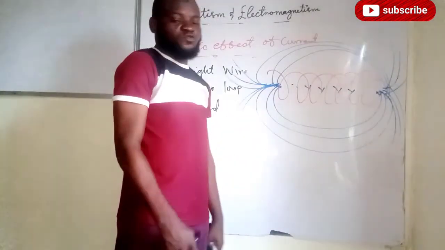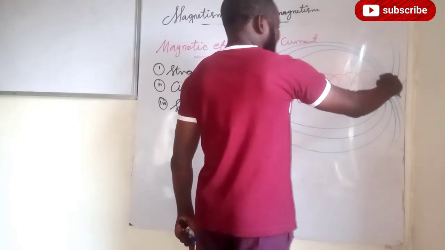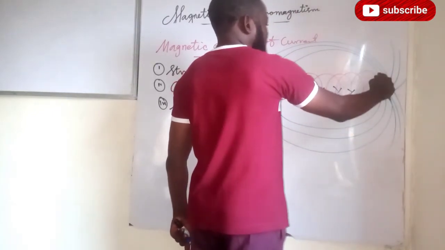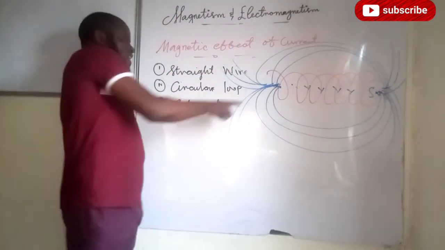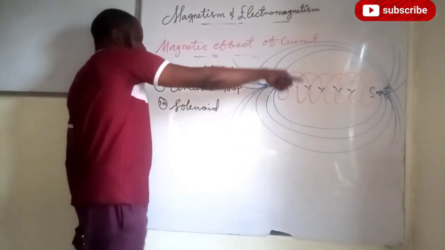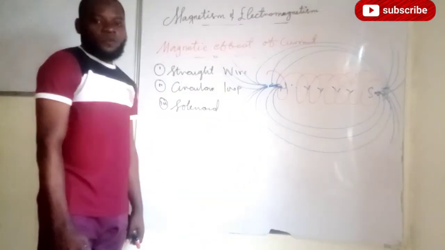Using the clock face rule, by the time you are looking at this solenoid like this, you will see that this is moving in a clockwise manner. Therefore, this place is the south pole. And if you look at it from here, it's moving anti-clockwise. Therefore, this is the north pole. Are we together now?